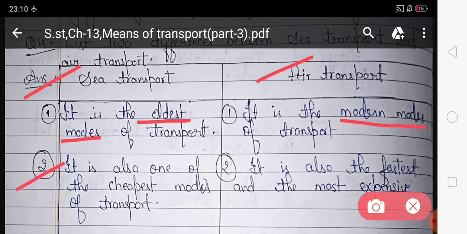Second, sea transport is the cheapest mode of transport, and air transport is the fastest and most expensive mode of transport. So these are the differences between sea transport and air transport.